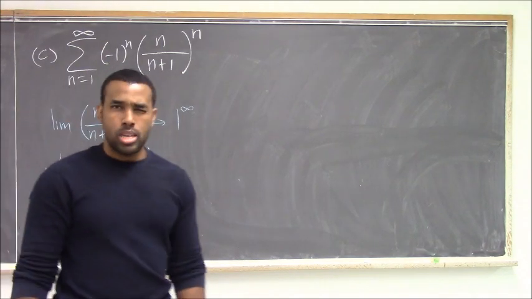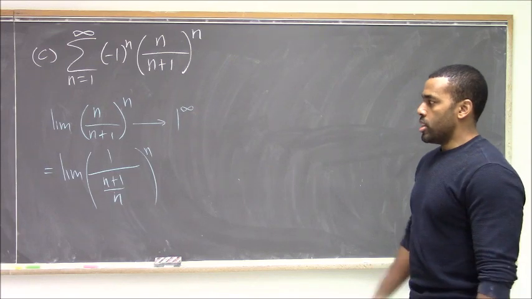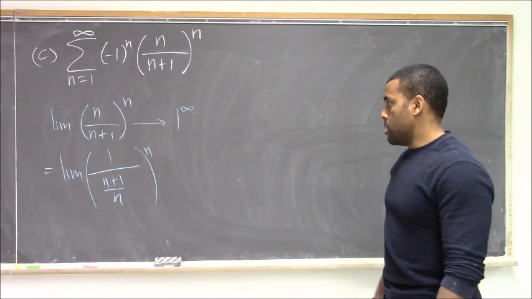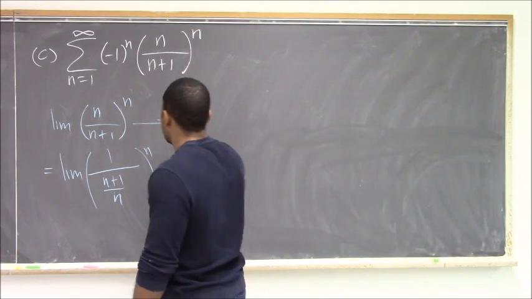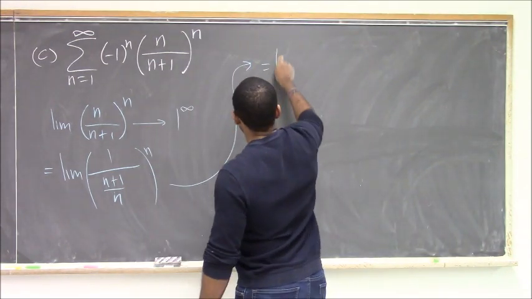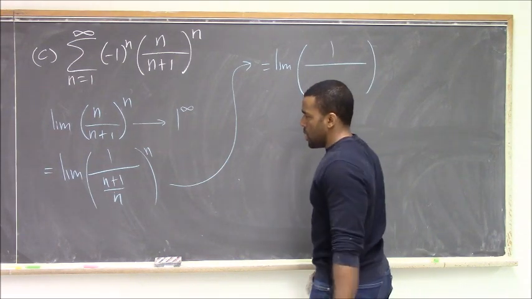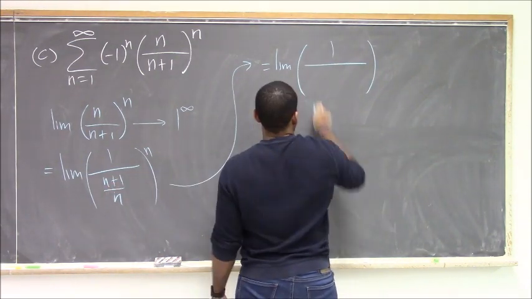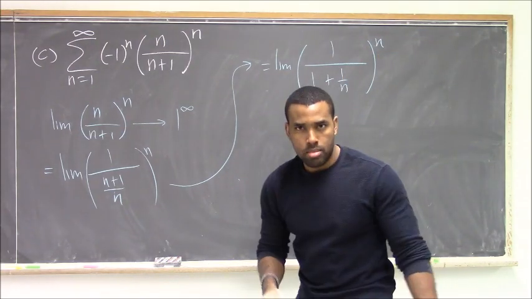I just took the reciprocal of the thing and then put 1 over it. Why did I do that? Well, in the bottom, I can just divide by n. That's 1 plus 1 over n. Do you see it yet?